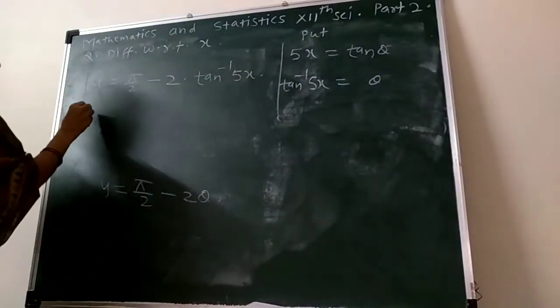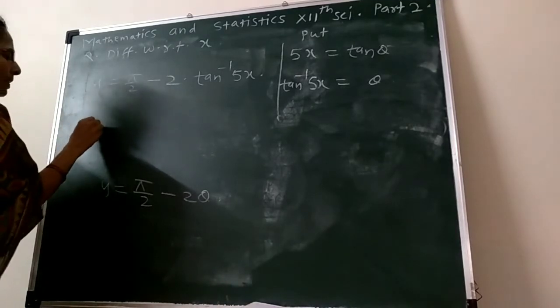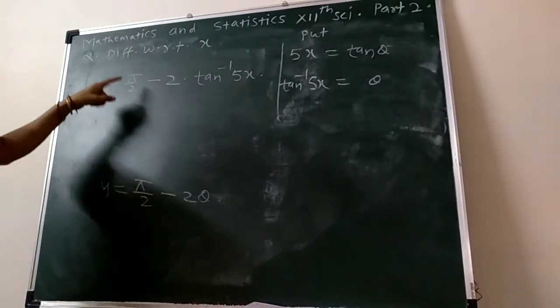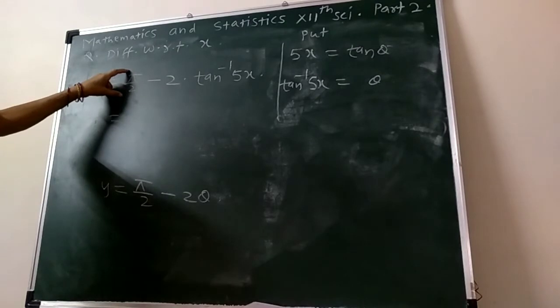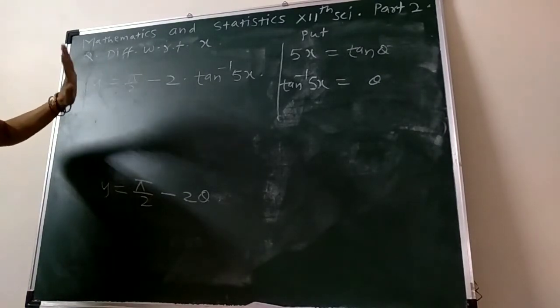Now the derivative is equal to: the derivative of pi by 2 is a constant derivative, that is 0.